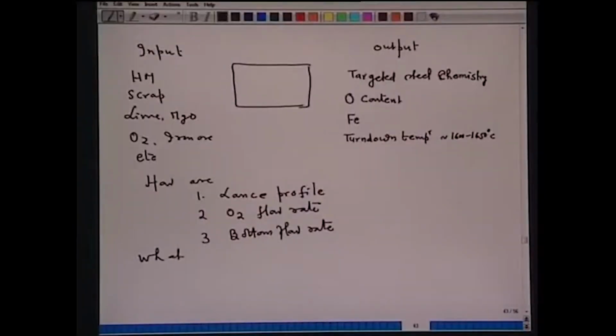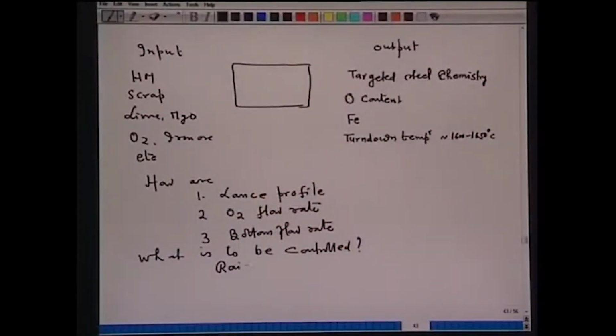Now, what is to be controlled? We are talking of process control and automation in LD steel making. Now, what we have to control is the rising or lowering of lance distance.